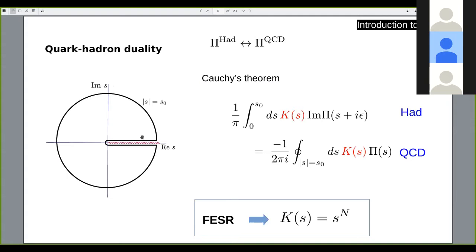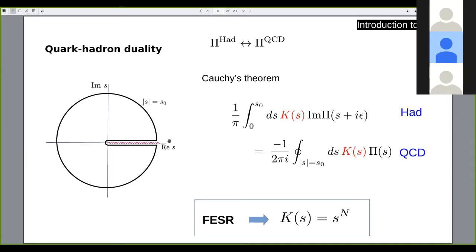In QCD sum rules, this is the usual contour. Consider the Pacman contour in the complex energy squared plot.